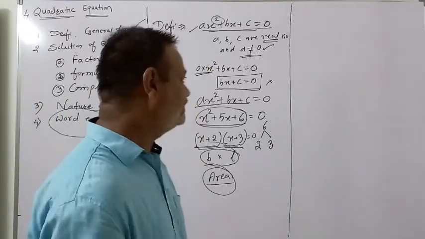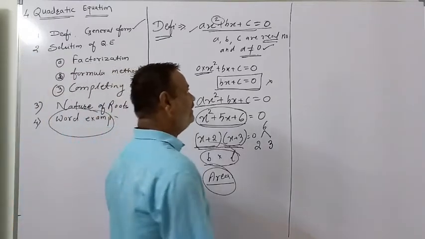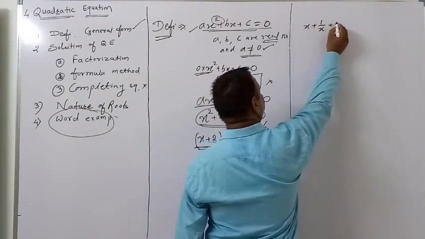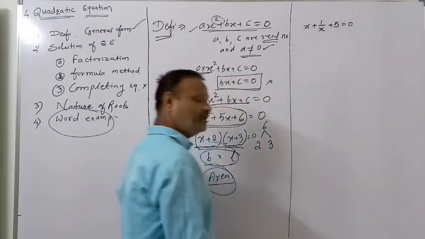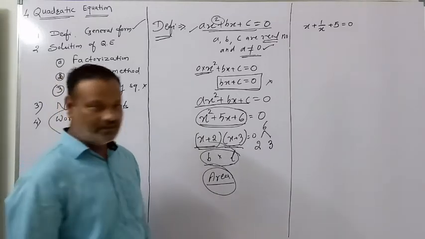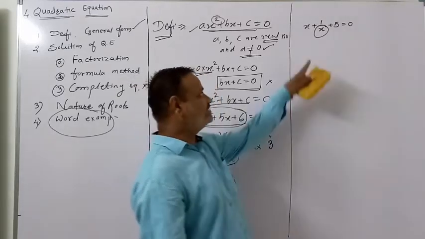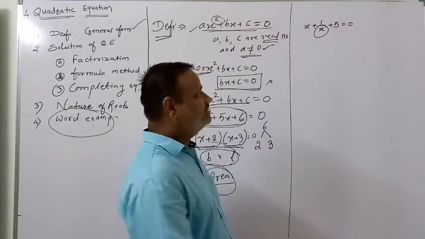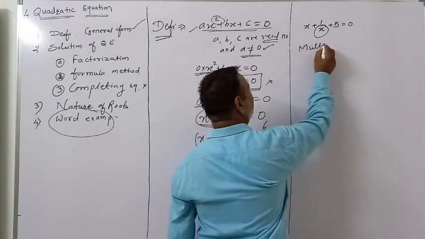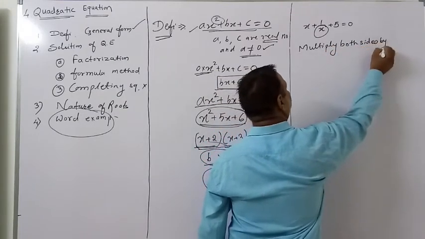Now we find some examples. So which are the quadratic equations? Got it? For example, here x plus 1 upon x plus 5 is equal to 0. We can identify whether this equation is a quadratic or not. So first of all we will delete this x. As this x is in the denominator, we just multiply both sides by x.